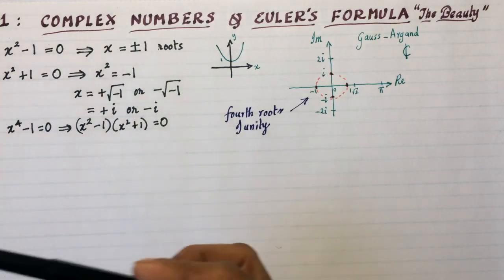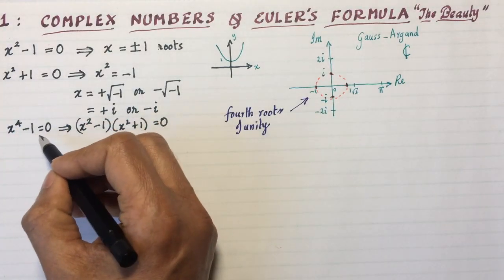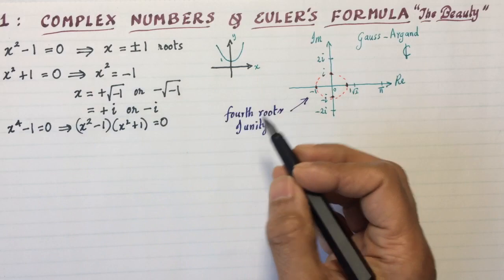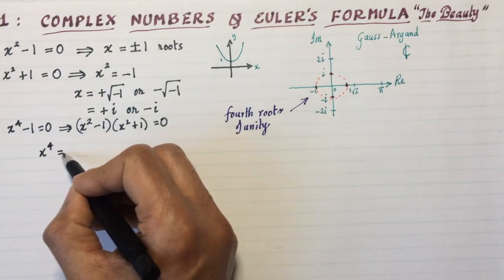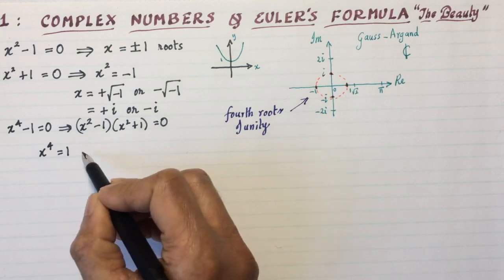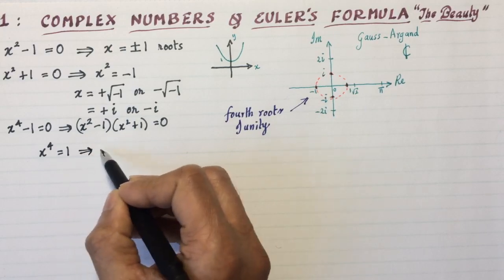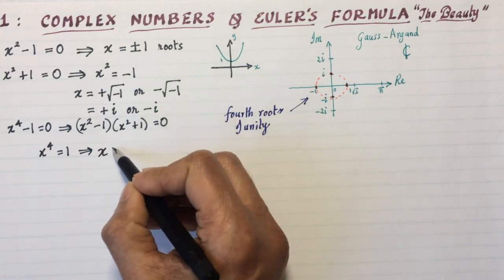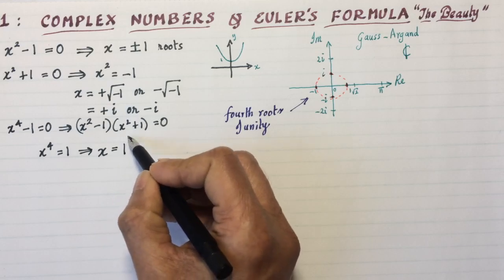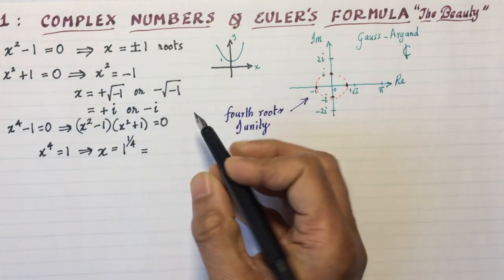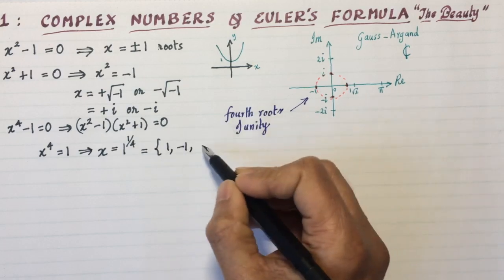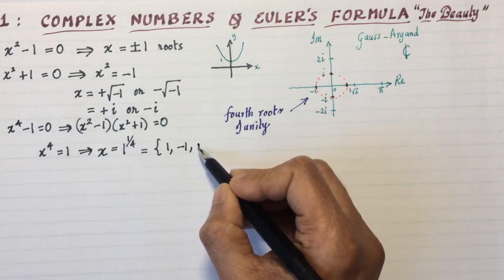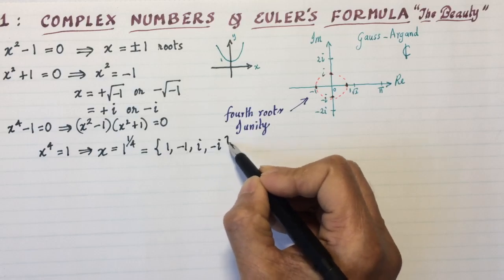Meaning, if I took x to the power 4 minus 1 directly and worked with it, then I would get x to the power 4 equals 1. And if I took the fourth root of this, I'm going to get x equals 1 to the power 1/4. And that has the following solution set. It's 1, minus 1, i, and minus i.